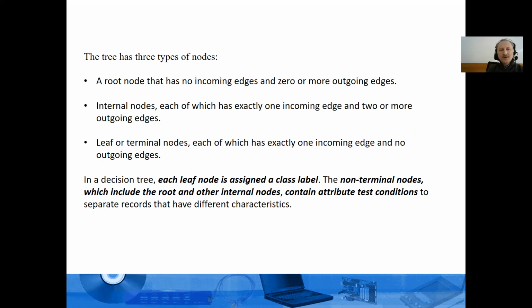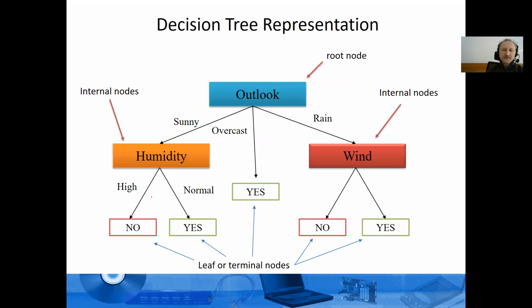And leaf or terminal nodes: each has exactly one incoming edge and no outgoing edge. So, for example, this is a leaf or terminal node. It has exactly one incoming and no outgoing. That's why this is a terminal or leaf node. This is a root node, inner node. This is a terminal or leaf node.